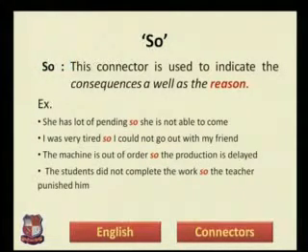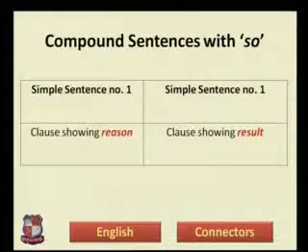As you can see, the connector so is used to indicate the consequences as well as the reason. There are several examples given below this definition. As you can see in the next slide, in this compound sentence there will be two simple sentences.